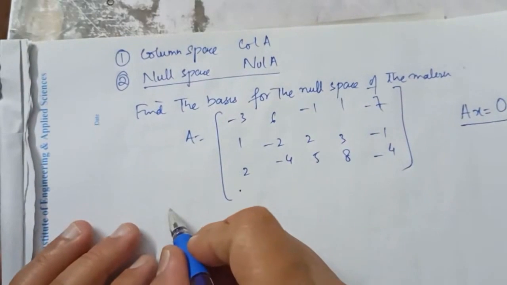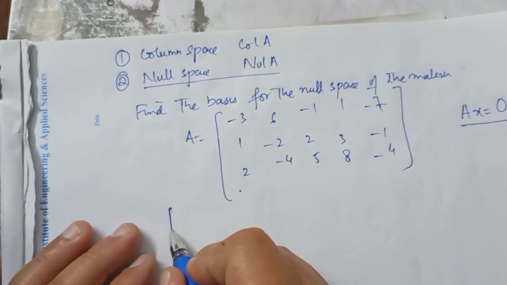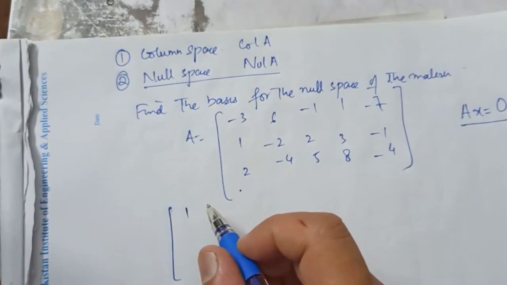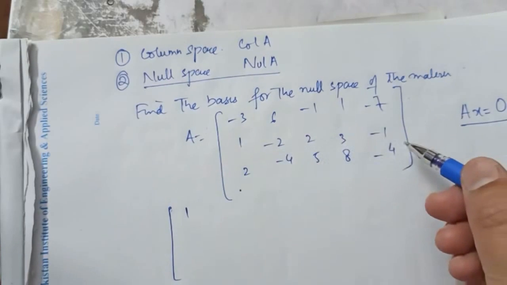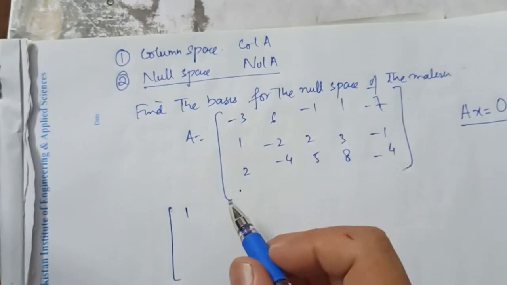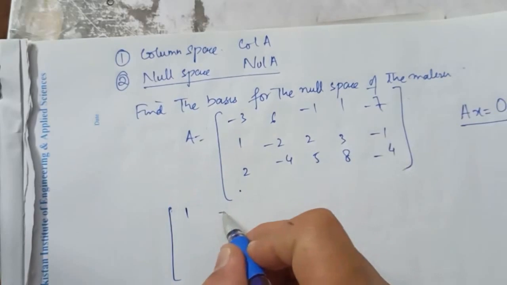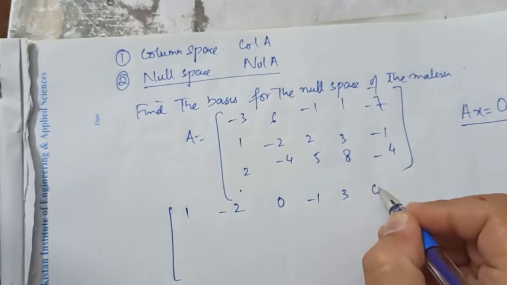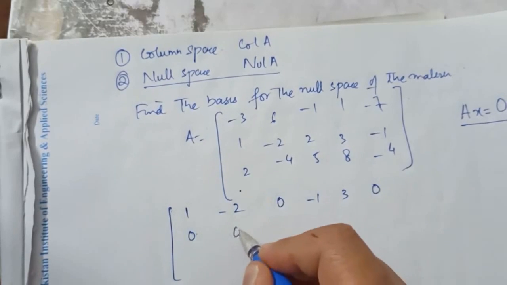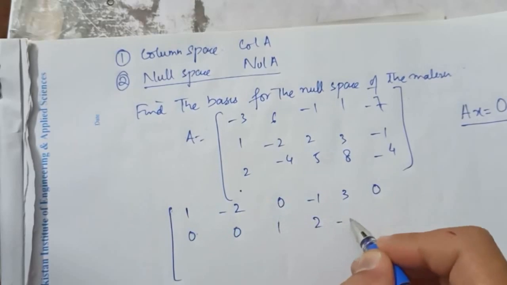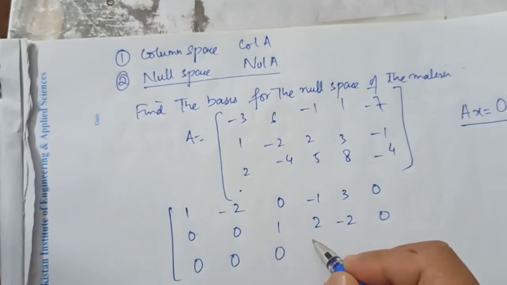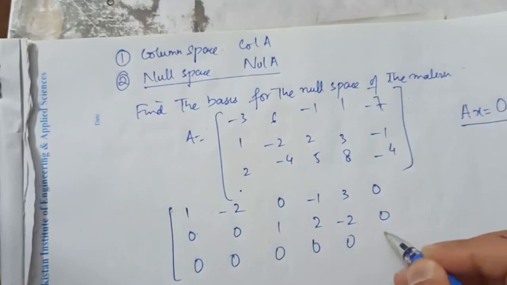So this matrix, after I do the row operations, becomes, in parametric form, 1 -2 0 -1 3 0, 0 0 1 2 -2 0, 0 0 0 0 0 0.